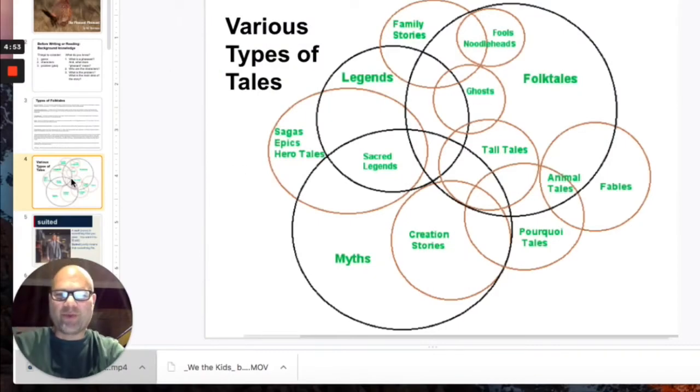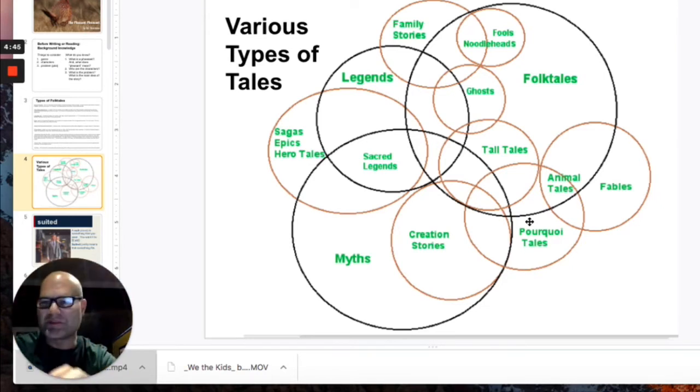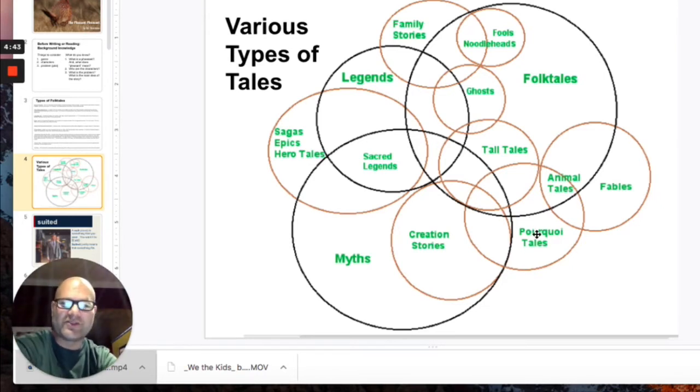So a pourquoi tale is one that explains how something came to be. In other words, why does the chipmunk have stripes down its back? And you could see from this Venn diagram that it overlaps with myth, which would be like an explanation of things, and also folk tales that are passed down throughout the years.